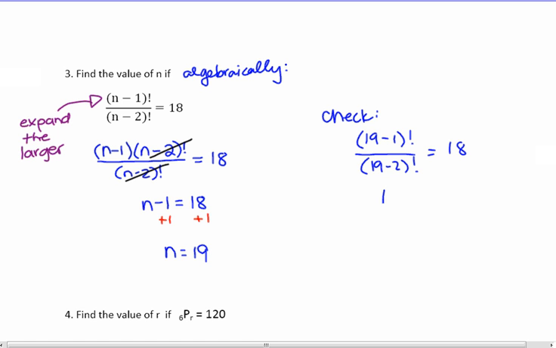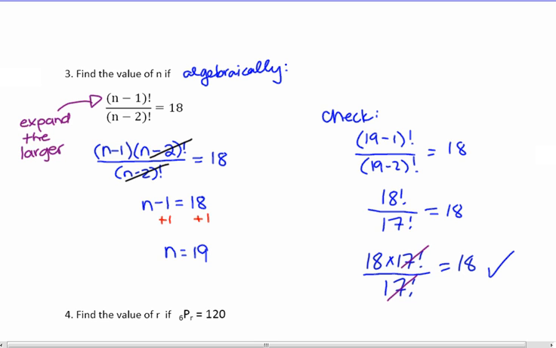And so that means 18 factorial over 17 factorial, which if we expand 18 factorial will be 18 times 17 factorial, and the 17 factorials cancel out. So yes, left side equals right side. Or you can just plug it in your calculator. Does 18 factorial divided by 17 factorial equal 18? Yes, you can do a check.